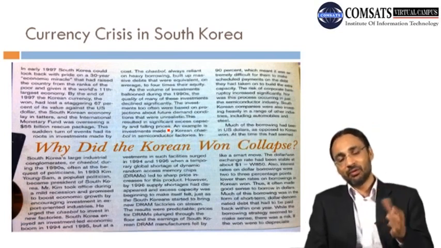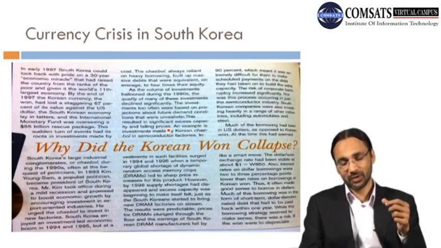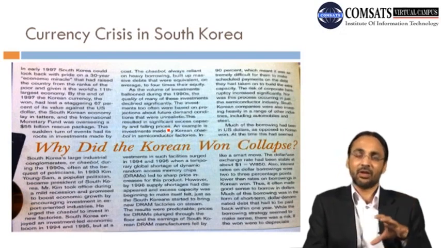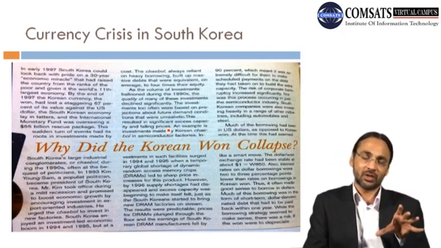The important thing is, before the financial crisis, there was a temporary shortage of RAM, these microchips, which are used in computer production. And who were the main producers? The South Korean firms were the main producers of these chips.